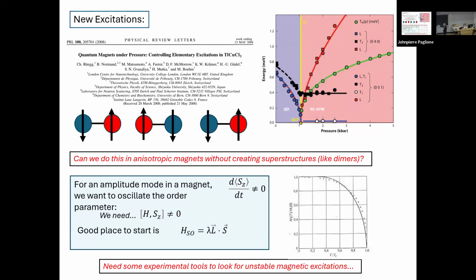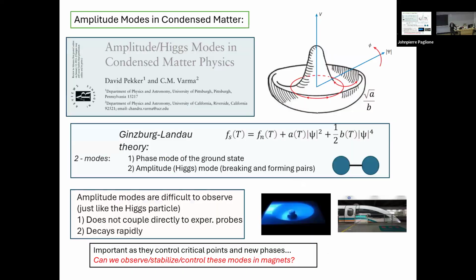And quantum mechanics tells us that means we need this observable, Sz, not to commute with the Hamiltonian. And how do we do that? Well, a nice place to start is to introduce that interaction right there. If I can get this playing a role in the Hamiltonian, then I can start getting these types of new longitudinal Sz fluctuations that don't really exist at first order in semi-classical theory.